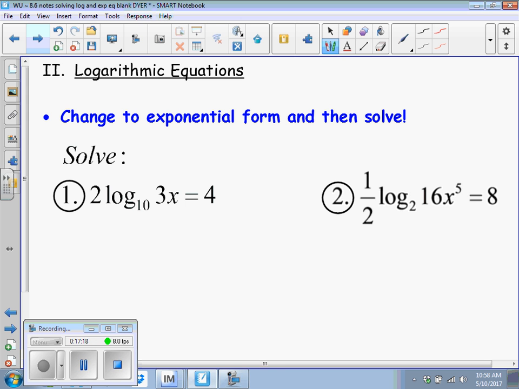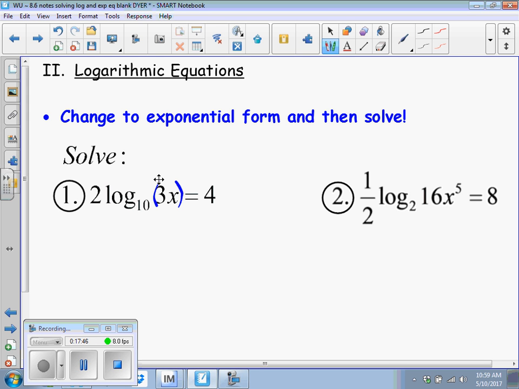You cannot take the log of a negative number. So this is log of 3x. If x ends up being, say, -1, then that's no solution, because when I plug it back in, that'll be log of 3 times -1, which is -3. So when you plug that x back in, if it makes it to where you have the log of a negative number, it's no solution. That solution is not a real solution.